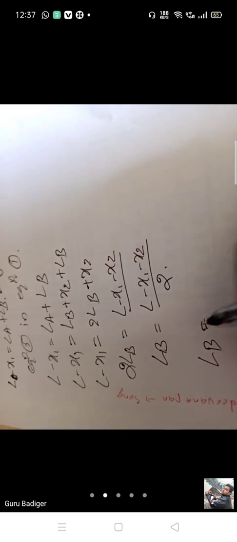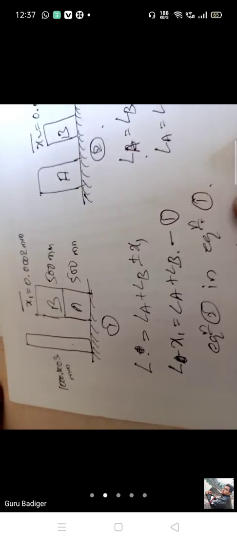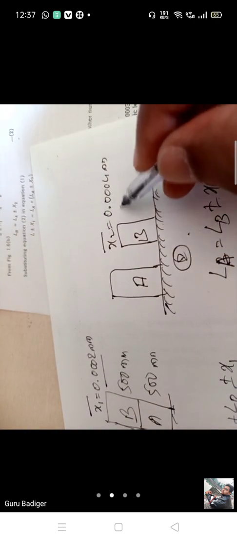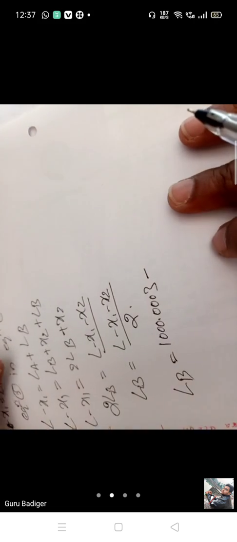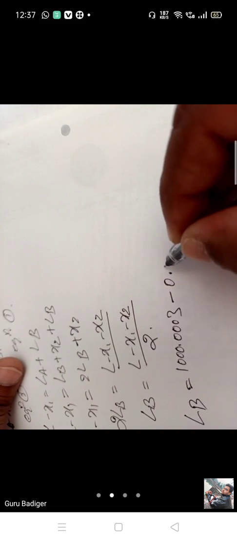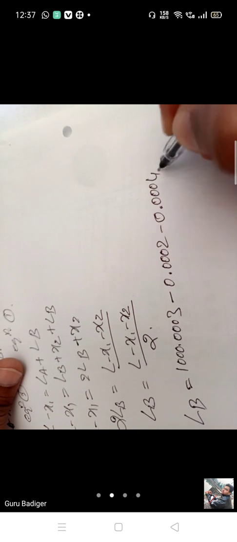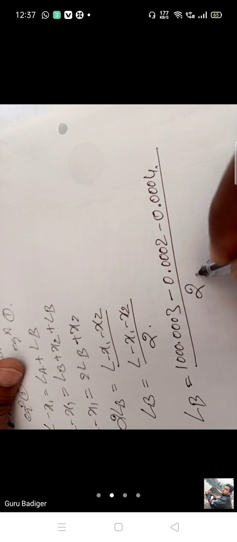So LB is equal to, the L value is here, that is 1000.003, minus the x1 value 0.0002, minus the x2 value 0.0004, divided by 2.